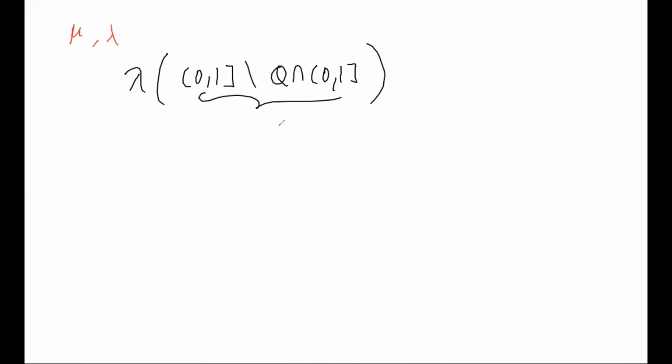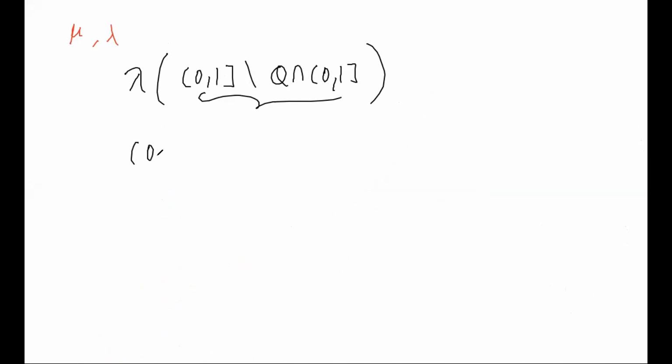Basically, you want to find the measure. You can write mu or lambda, doesn't matter, it's just a measure. So you want to measure the set [0,1] without Q, that is, [0,1] minus the rationals. You're interested in this set.